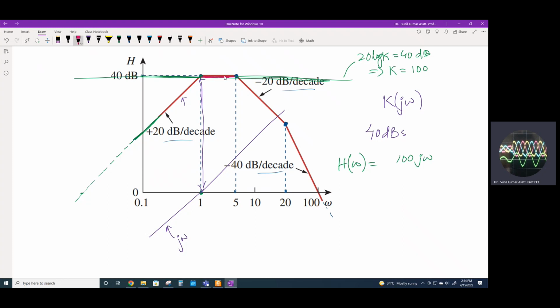So that means at omega equals 1, there should be a negative line, or a pole, with a rate of minus 20 dB per decade. Since this line was going upward with a positive slope, there should be a negative slope at this point with a rate of minus 20 dB to make this slope horizontal. So there should be a pole at omega equals 1, whose line can be drawn like this.